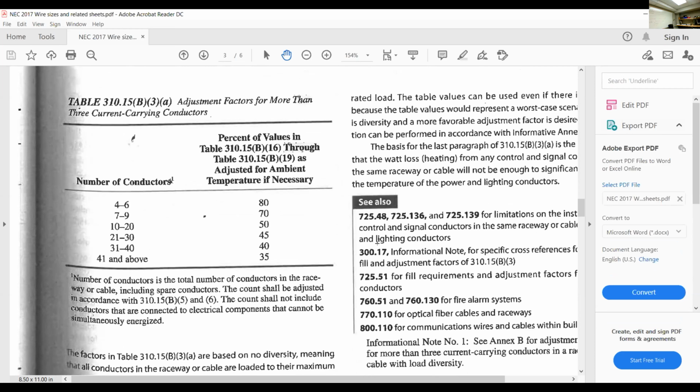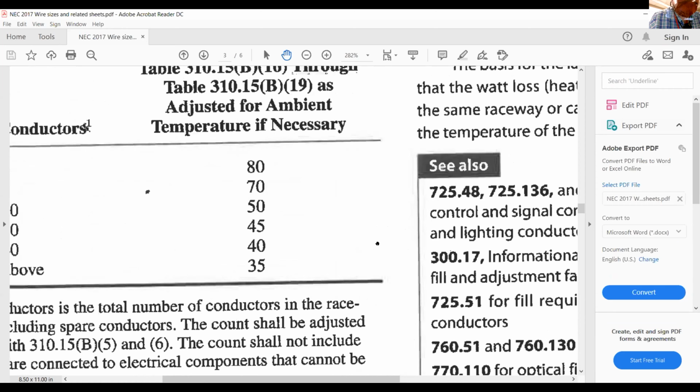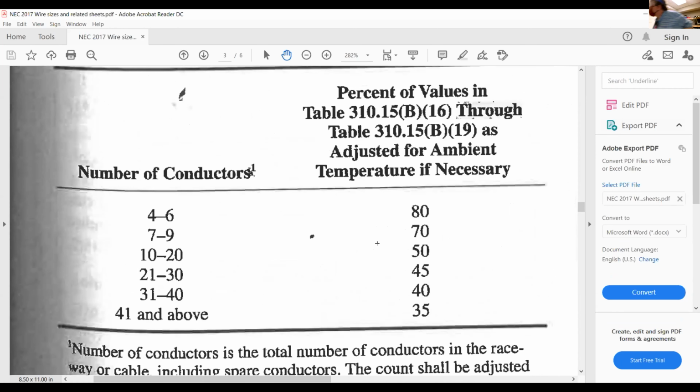Okay. Now, catch this right here. This is like super important. Well, let's say, for instance, that in that conduit, Jamie, you got 6 wires, between 4 and 6 wires. Look, you can only use 80% of the amp rating of that wire. 80%.